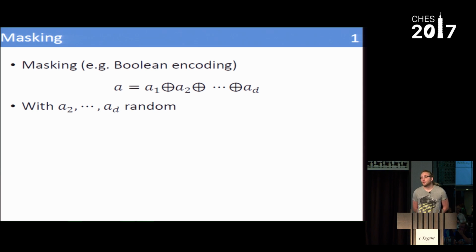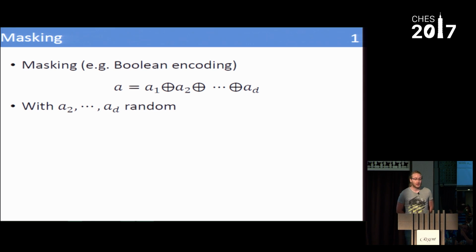So first, what is masking? Masking is one of the most used countermeasures against side-channel attacks. Basically you have your secret value A and you split it into different shares. And d-1 of these shares are computed randomly, and the last one is computed accordingly to the previous ones. We also want to look at the security of the masking countermeasure.